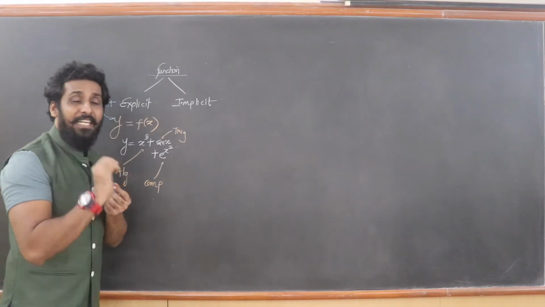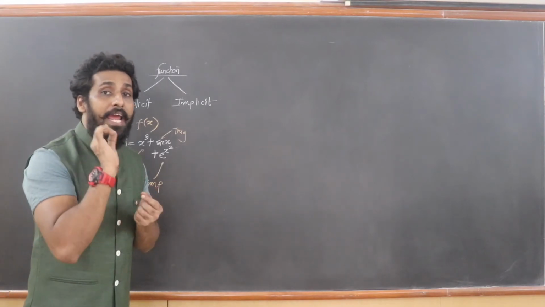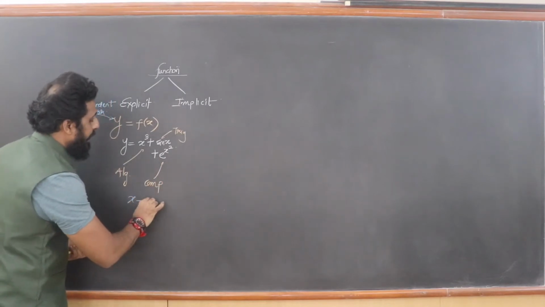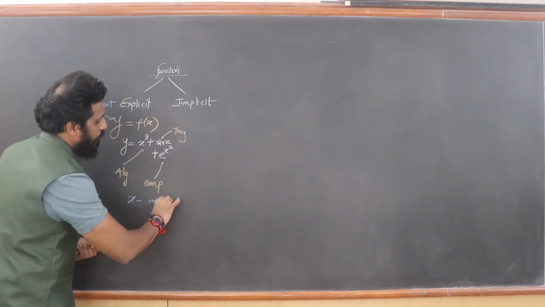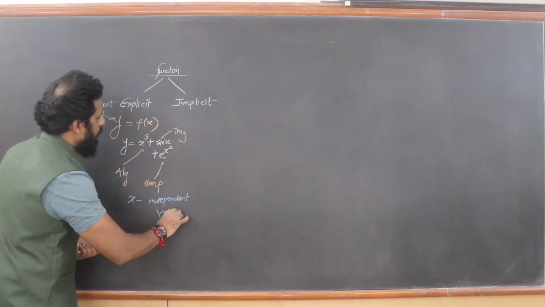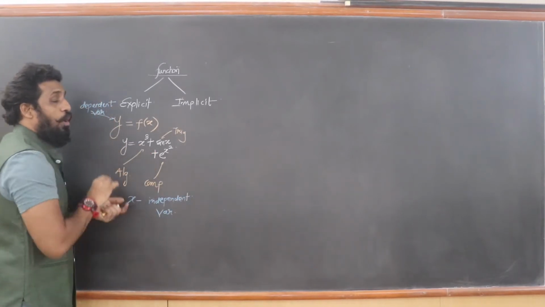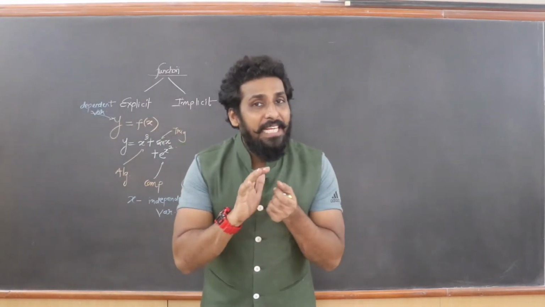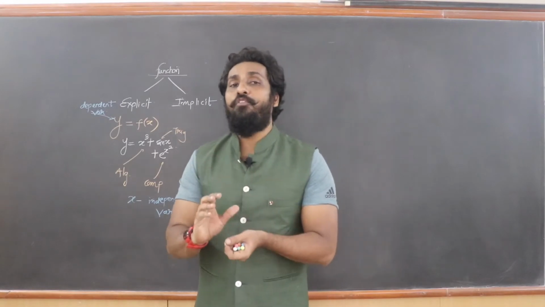Every function is written in terms of variable x. So here x becomes your independent variable. You can observe here that y is written in terms of x. So here y is called an explicit function of x.